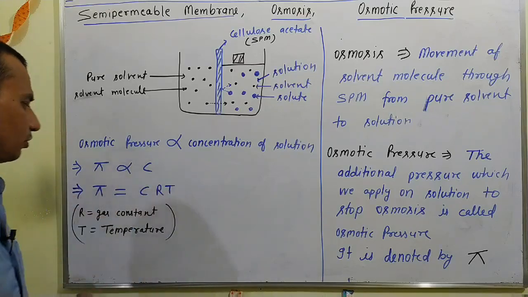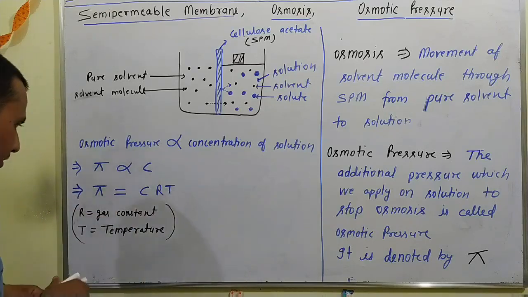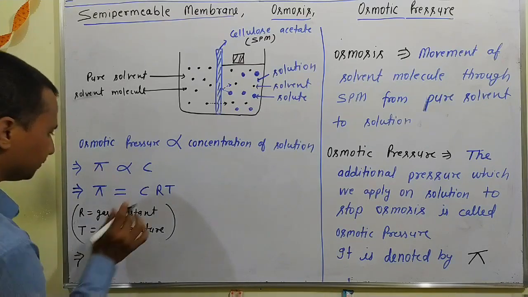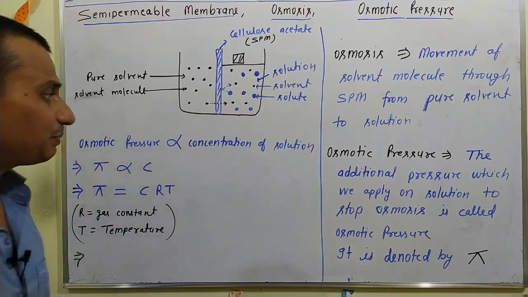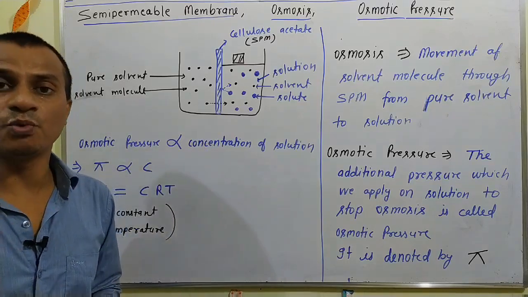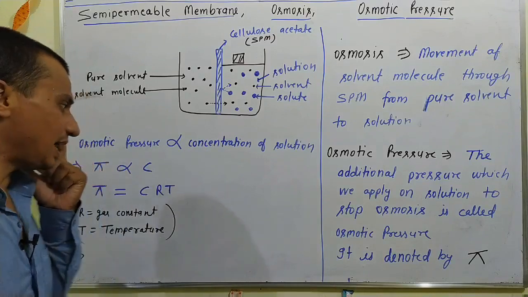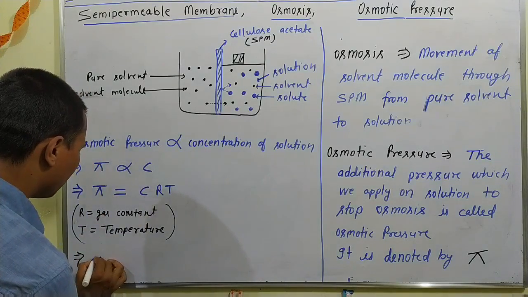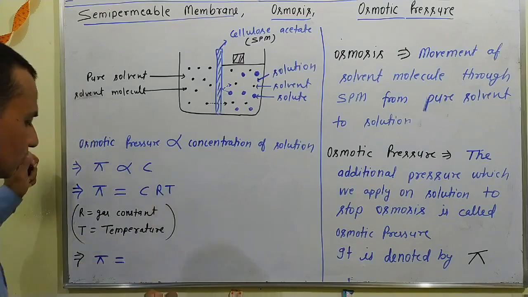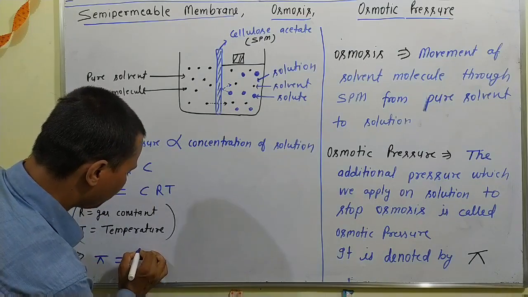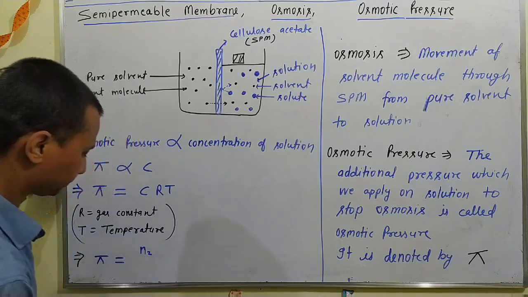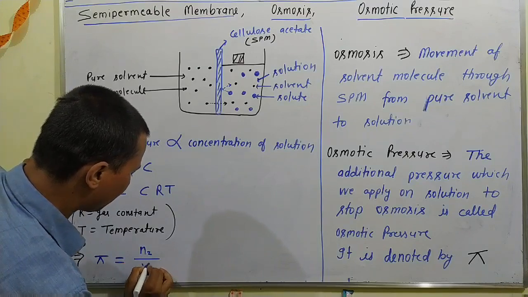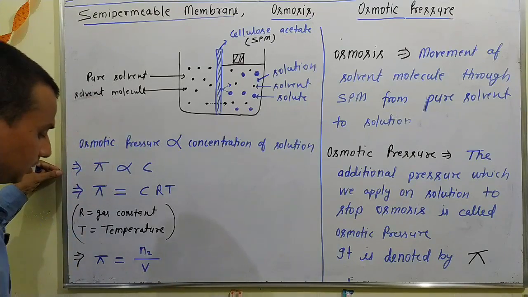These are the proportionality constants. Now the concentration of this solution is represented in the form of molarity. Molarity is equal to the number of moles of solute by volume of solution.